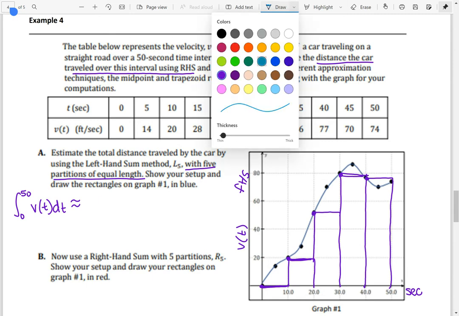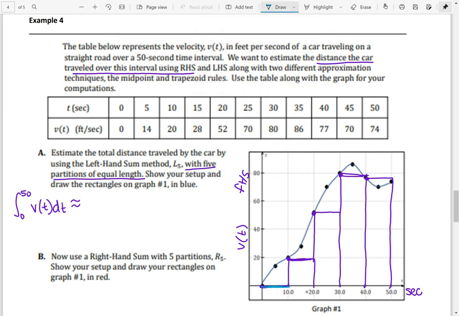So let's first start with the first one. I see that the width at the bottom is 10, and the height is 0. So I look here, and I see that my height is 0. So 10 times 0 for the first rectangle.